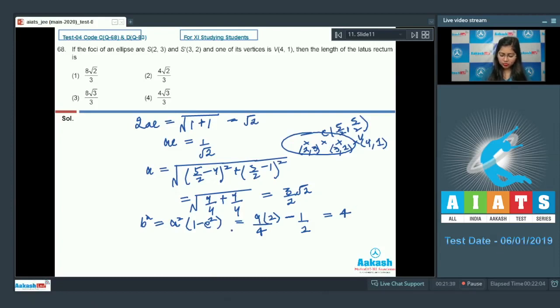Hence the value of b is equal to 2. Now the length of the latus rectum will be equal to 2b²/a. So this will be equal to 2 × 4 upon 3√2/2. So this is equal to 8/(3√2). That is, the correct answer is option number 1.